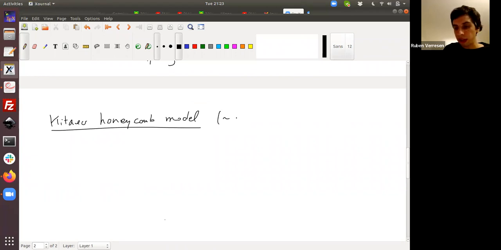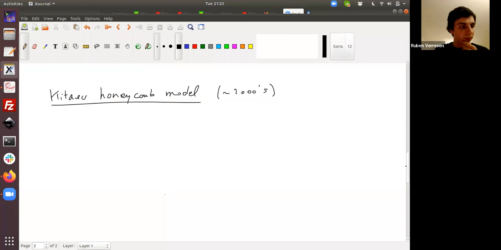I'll keep this brief, just enough so that those not familiar can follow. This model traces back to the early 2000s. We put spin-1/2s on all the vertices of the honeycomb lattice. And we label the 3 different directions. There's a Z bond, this is just a name. It's an X bond, and this is a Y bond. So we label all the 3 orientations in this way.